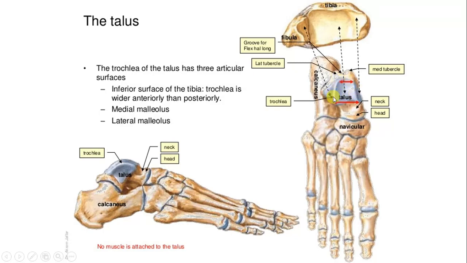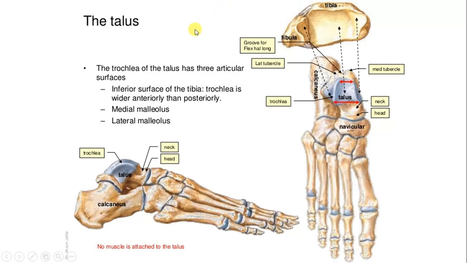Here you can see its shape. It is wider anteriorly than posteriorly, so it fits into the socket made by the tibia and fibula. It's a trochlea fitting into the lower end made up of the tibia and fibula. Since a trochlea is fitting into it, movement can occur only in one direction, around only one axis.